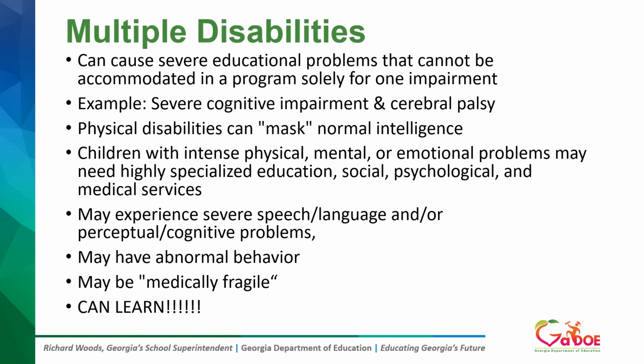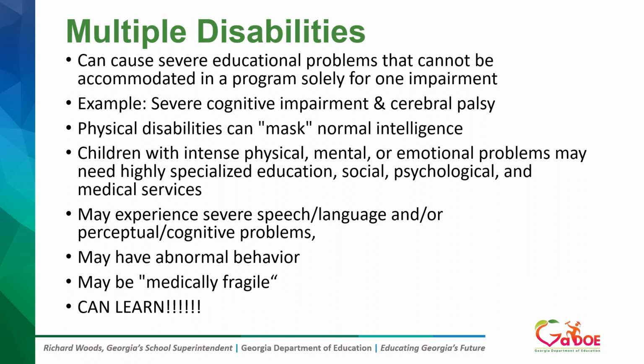Students with multiple disabilities can cause severe educational problems that cannot be accommodated in a program solely for one impairment. For example, severe cognitive impairment and cerebral palsy. Physical disabilities can mask normal intelligence.